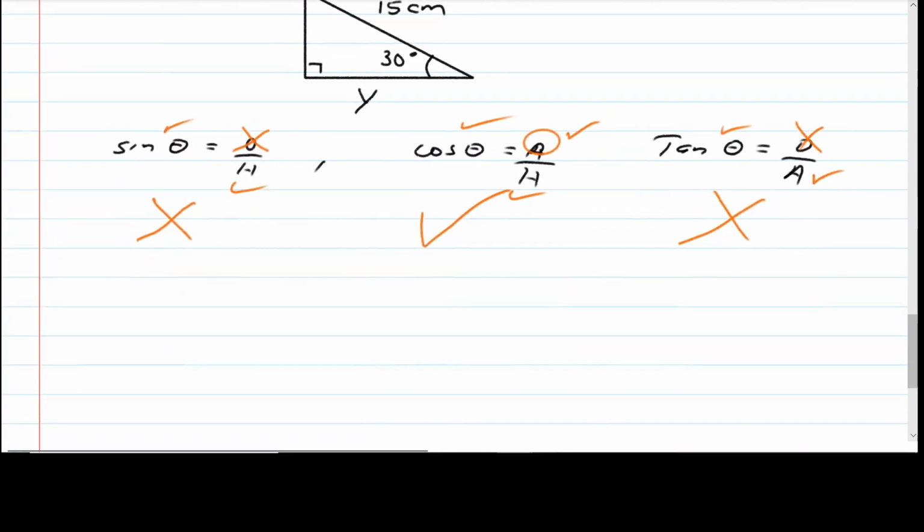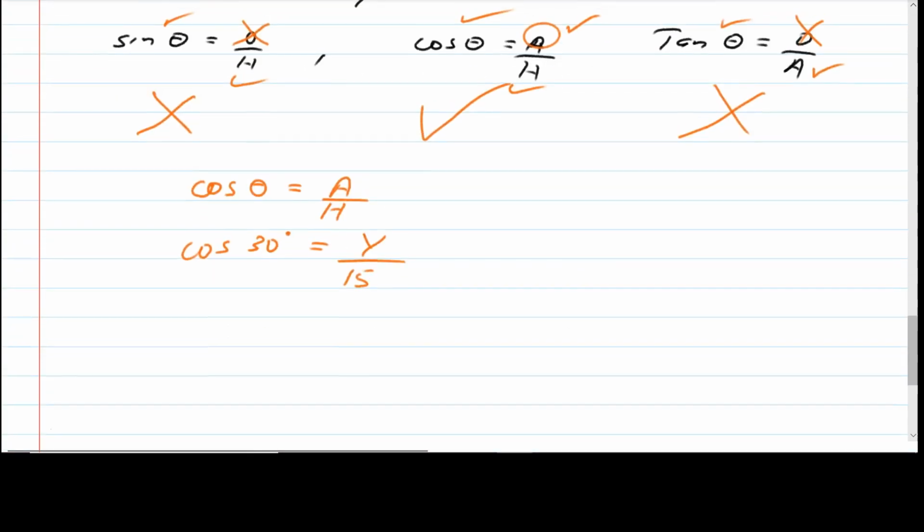To answer that, cos theta is equal to adjacent over hypotenuse. So cos of 30 degrees is equal to the adjacent side y over the hypotenuse 15.